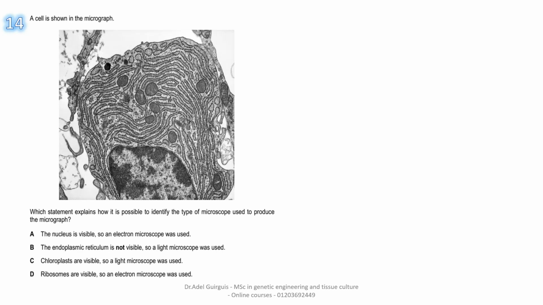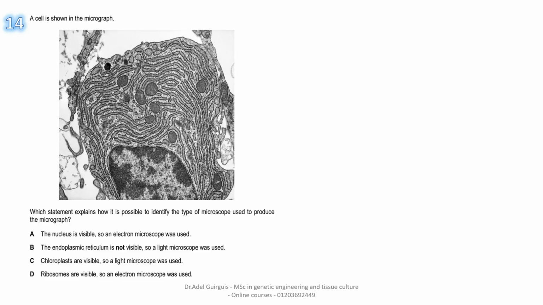Number 14. A cell is shown in the micrograph. Which statement explains how it is possible to identify the type of microscope used to produce a micrograph? Letter A, the nucleus is visible, so an electron microscope was used. Letter B, the endoplasmic reticulum is not visible, so a light microscope was used.